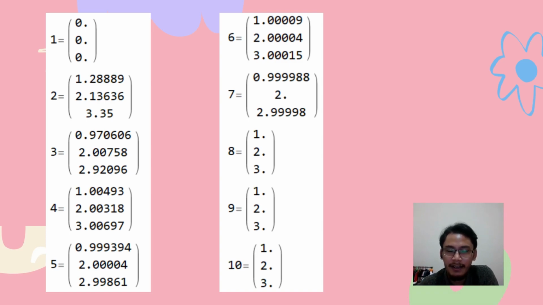And then these are the iterations for the solution. We can see that the solution actually converges at number 8, which is the seventh iteration. So the answer is x1 is equal to 1, x2 is equal to 2, and x3 is equal to 3.